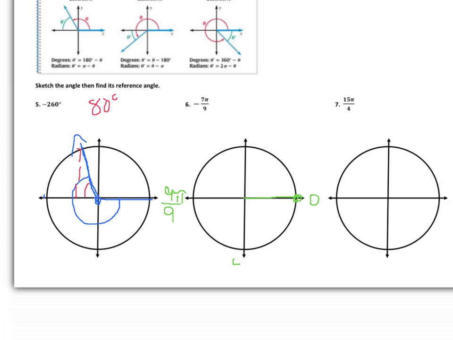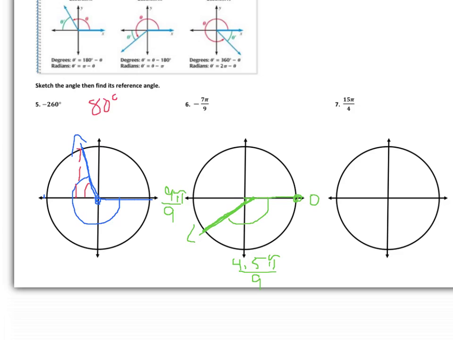And then this would be 4.5 pi over 9, because that's pi over 2. So it's somewhere in the middle there. And it's going the negative direction. It's about right there. And you always have to draw that to let me know what direction you moved.